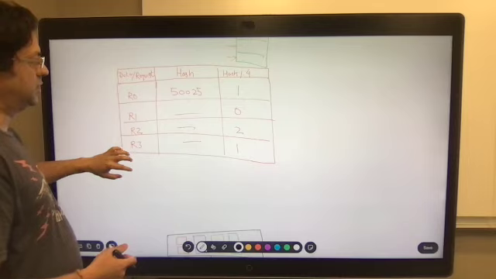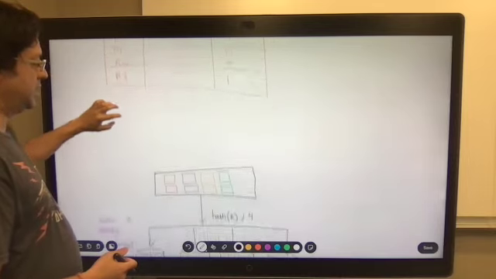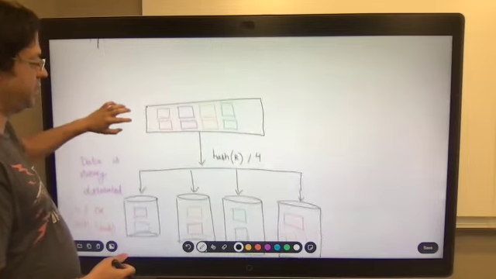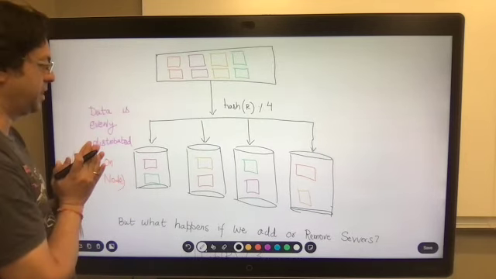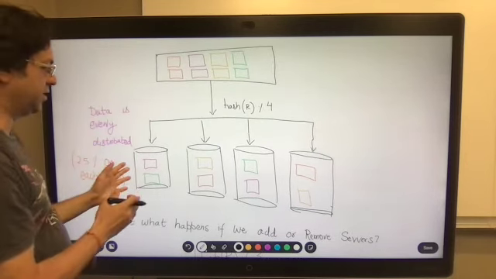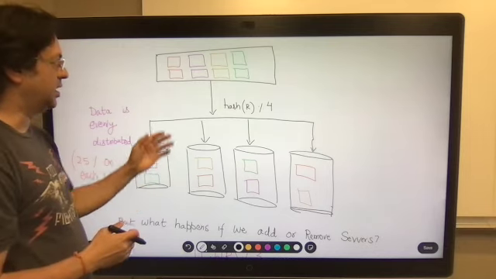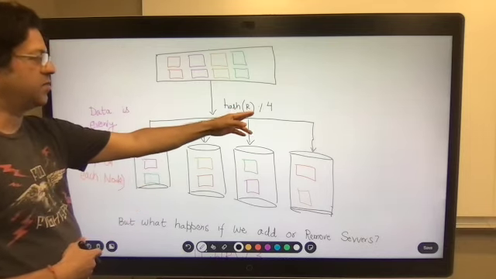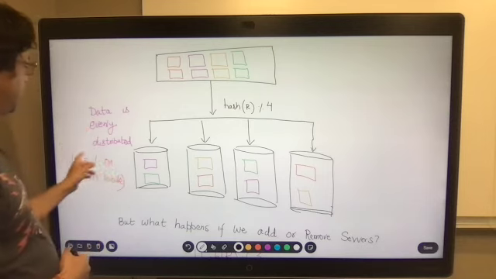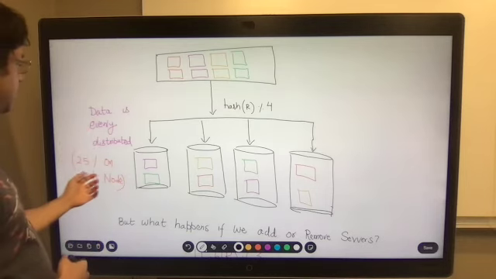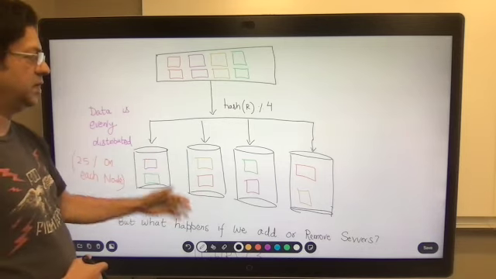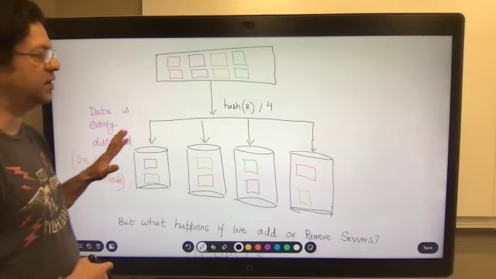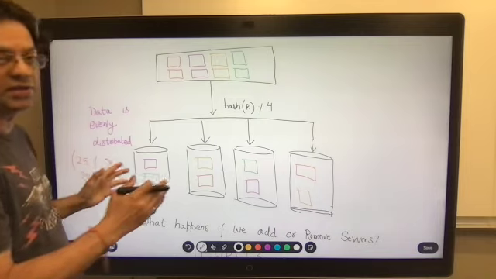So this was the equal distribution case. If we have a lot of data and we want to shard it into different hosts, we can take the modulo of 4, and then data is evenly distributed. Why is it evenly distributed? Because 25% of data resides on each node, in this case, with 4 nodes in our cluster.